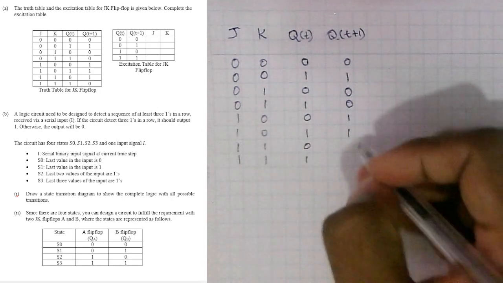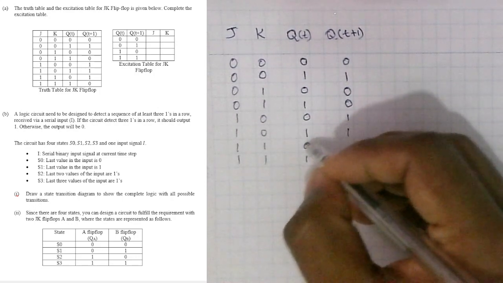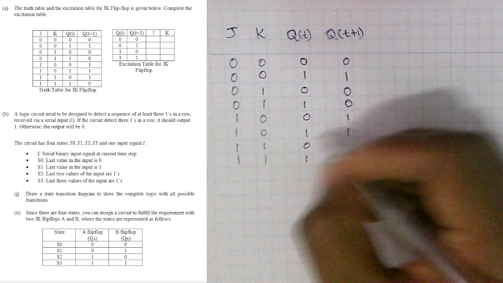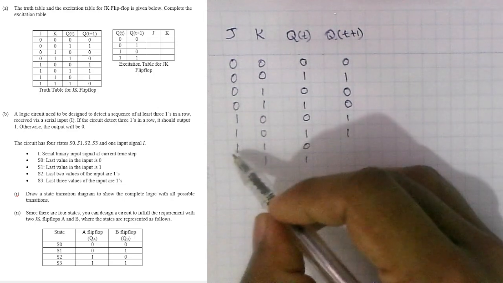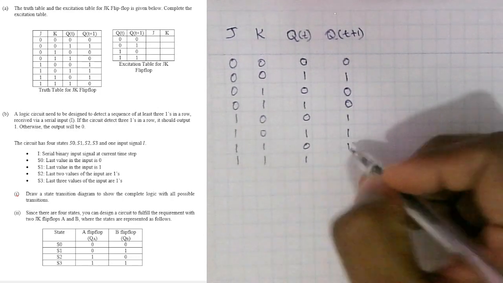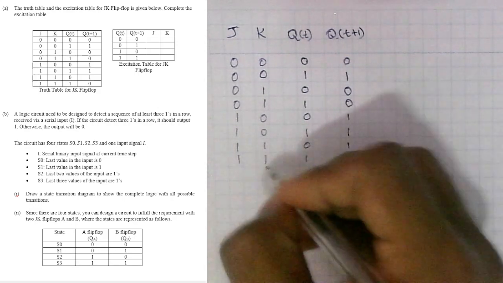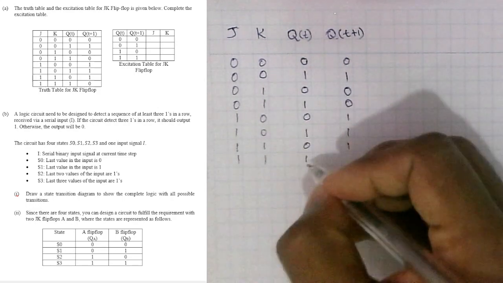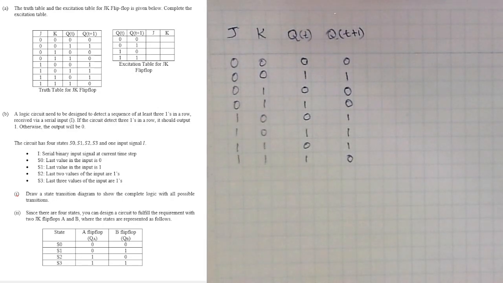Here we will toggle the value, so whatever the value in the current state will be changed. Here it's 0, whereas J and K are both 1, which means it's going to toggle to 1. Similarly, when we have 1 here and J and K are 1, that means we are toggling from 1 to 0. So this is the JK flip-flop's truth table.